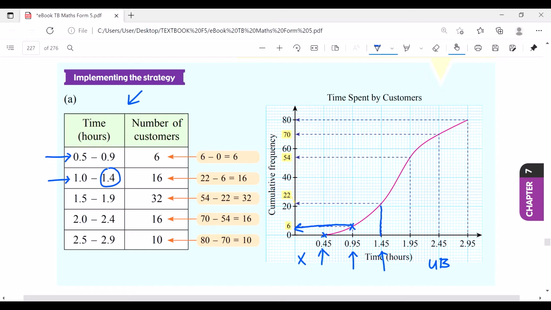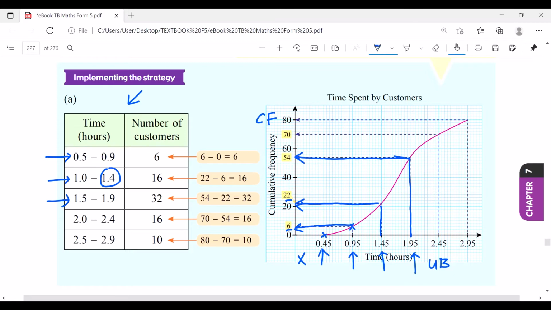Okay, so you get the value here. It is 22. All these are the cumulative frequency. But you get all the values first. So for the third class, you go up here, then you turn left, and find the value here.